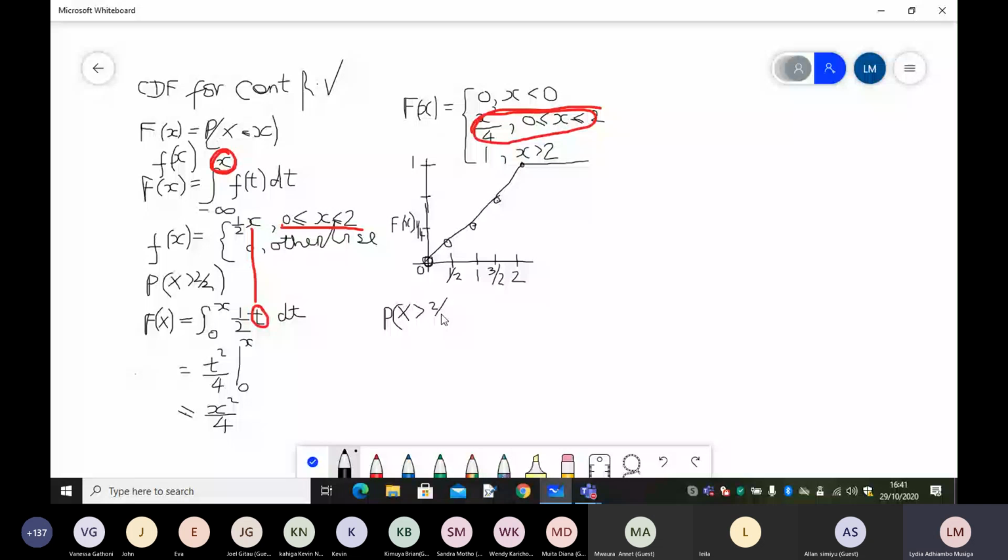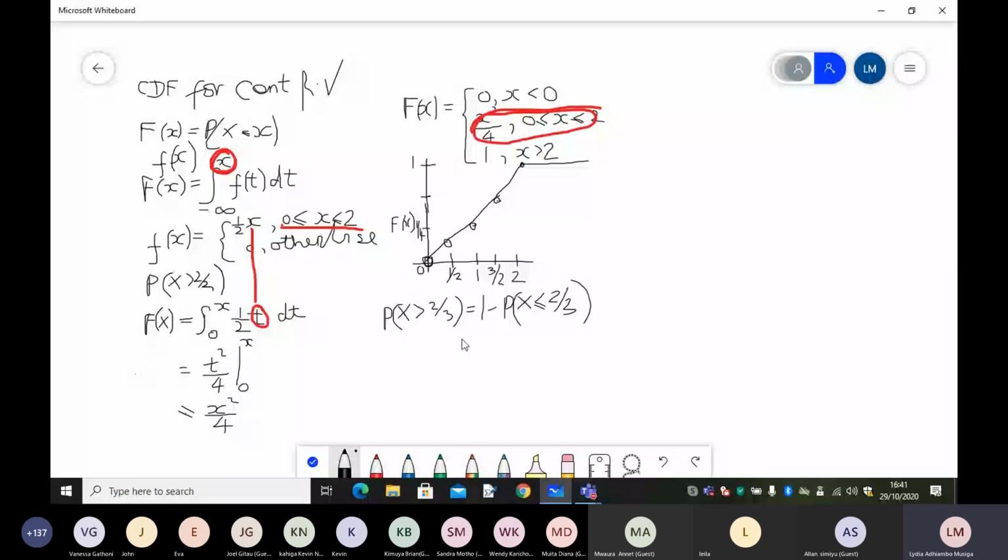Now, this probability is the same as 1 minus the probability that x is less or equal to 2 over 3. And now we have captured the values.